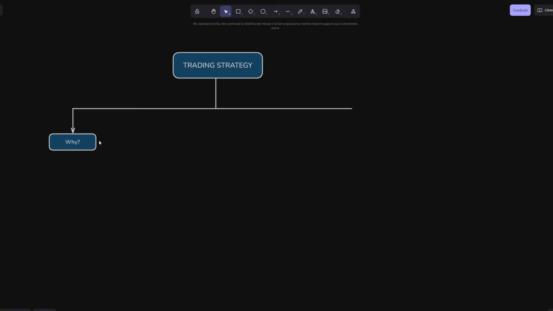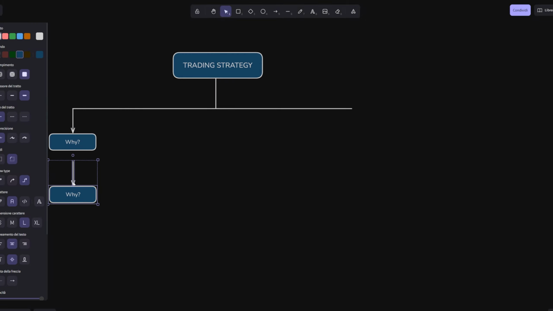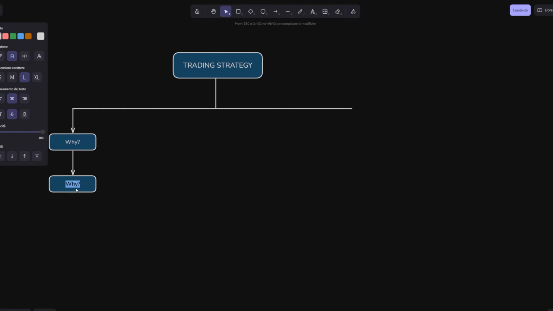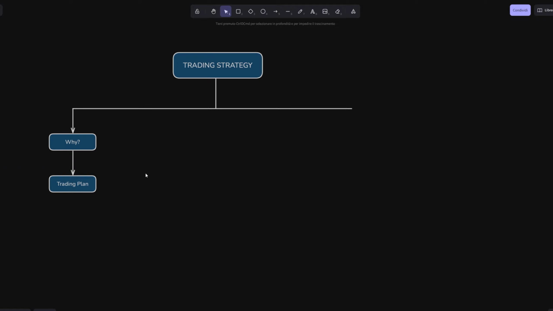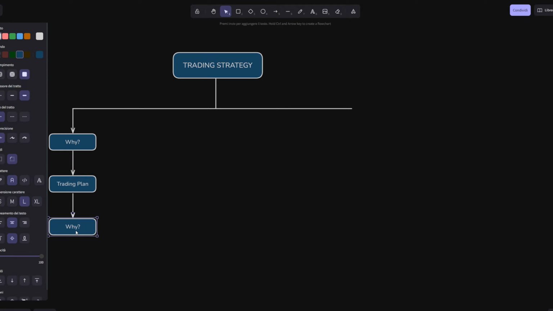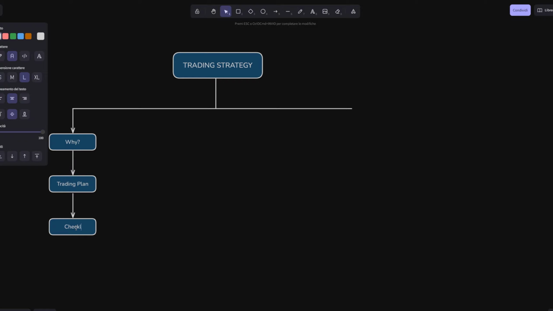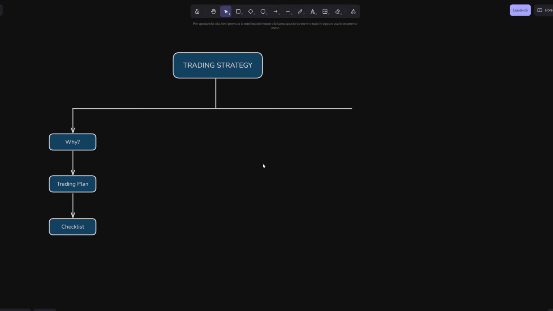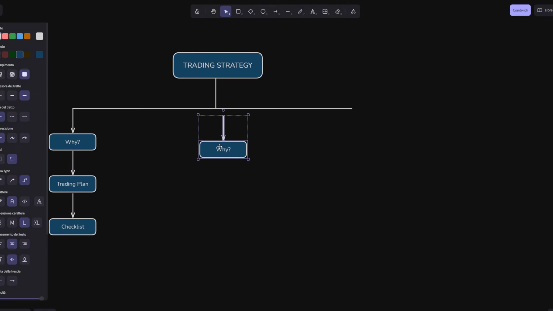Okay, so for this trading strategy we will develop the why, so how we are going to trade, why this strategy and so on, with a trading plan and a checklist. The next thing is the what we will trade.